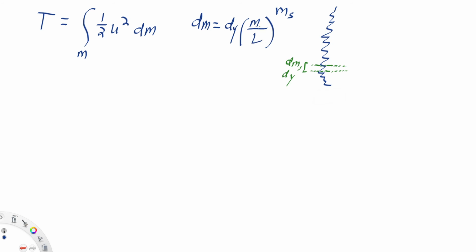And this L is just the length that the spring is at any given moment. But that allows us to take this integral over the mass of the system and make it an integral over the length of the system. We can pull out all the constants.